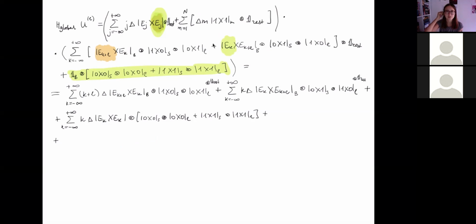Then let us take the second term. The second term is this Hamiltonian of these heat bath qubits. So we take the second term and see what this 1m is multiplied by. This is a summation over m, right? So we have to multiply this 1m by 0 acting on the lth qubit.